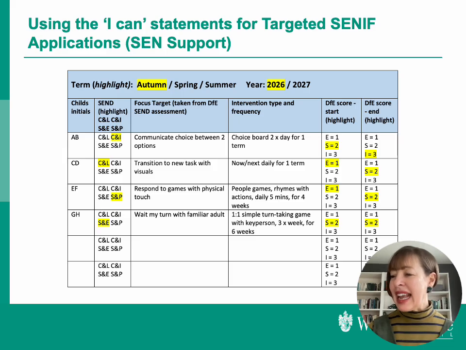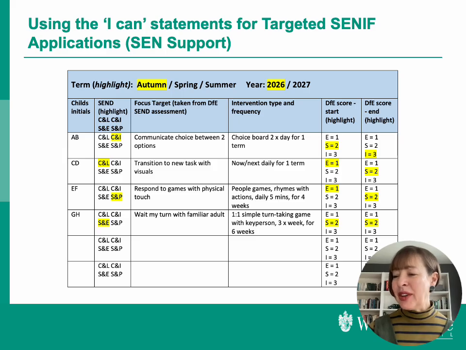And the next child down, they're working within sensory and physical. Their I can statement is I can respond to games with physical touch. The intervention that is going to take place are people games, rhymes with actions, daily for 5 minutes for 4 weeks. And they're listed as being emerging at the beginning and supported by the end of the term.